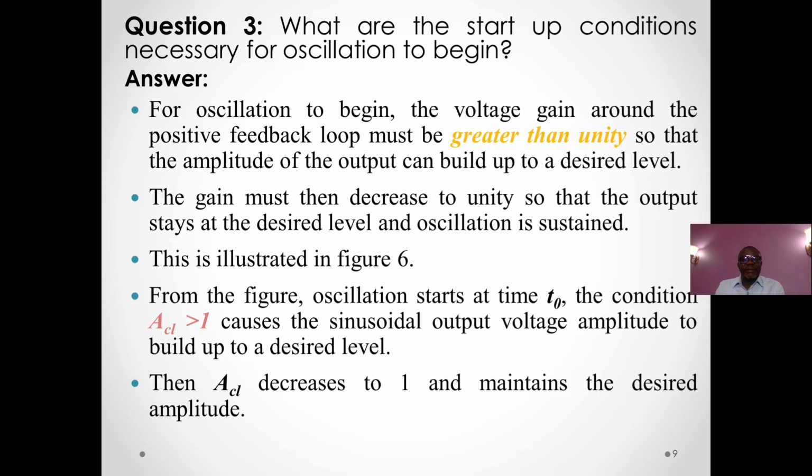And our answer is, for oscillation to begin, the voltage gain around the positive feedback loop must be greater than unity. Remember, for oscillation to be sustained, the loop gain should be equal to unity.